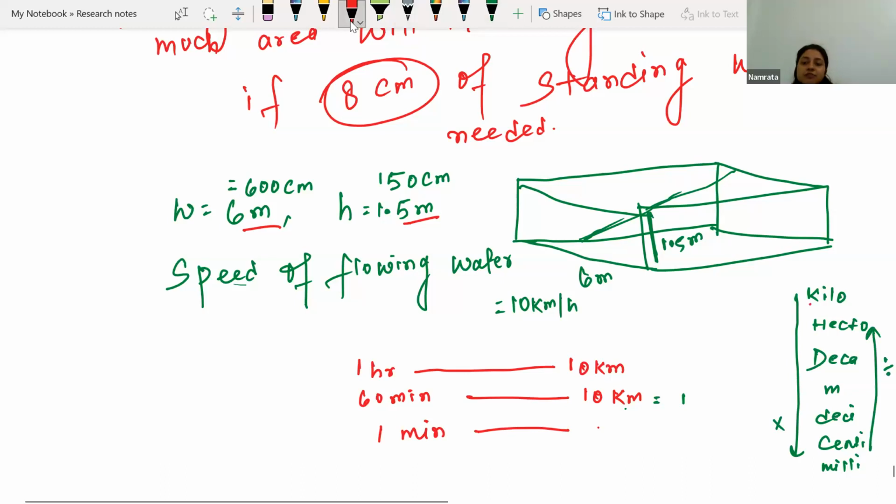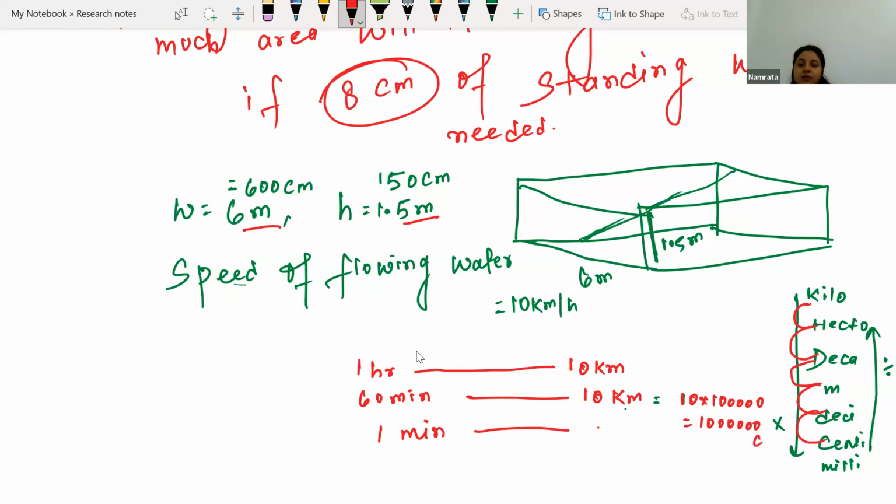So we have to come from kilo to centi. So 1 step, 2 step, 3 step, 4 step, 5 step. And since we are coming down, multiplication. So 10 times 5 times, 1 with 5 zeros. So we will be getting 1 with 6 zeros. That much centimeter we will be having.